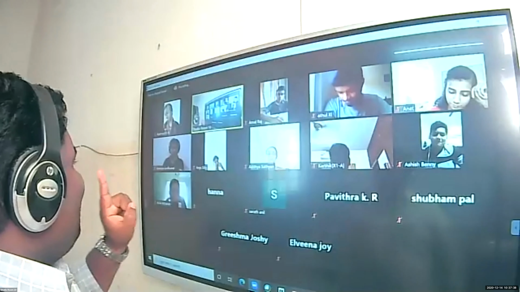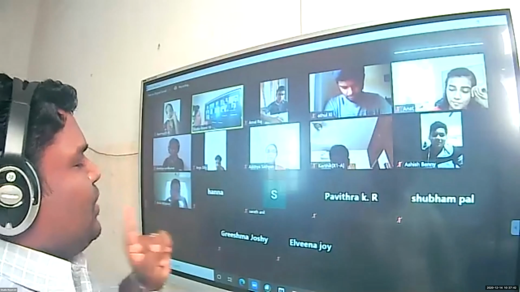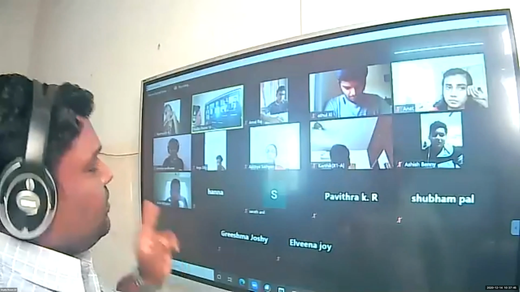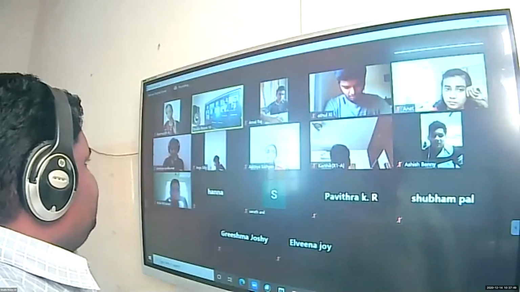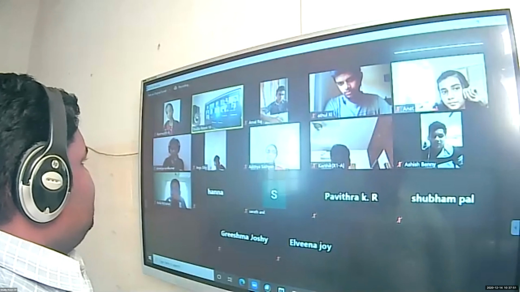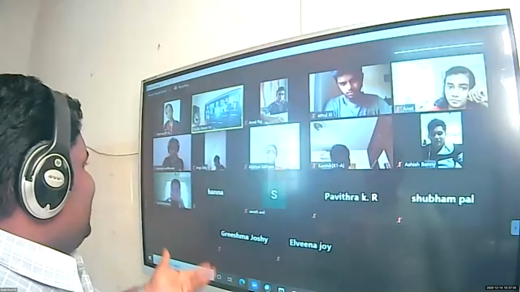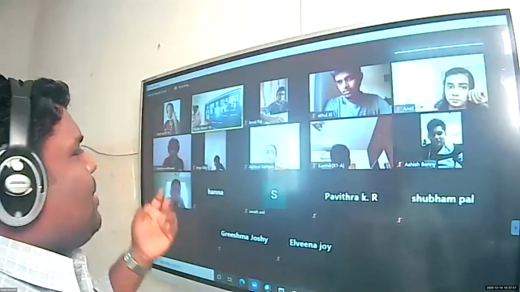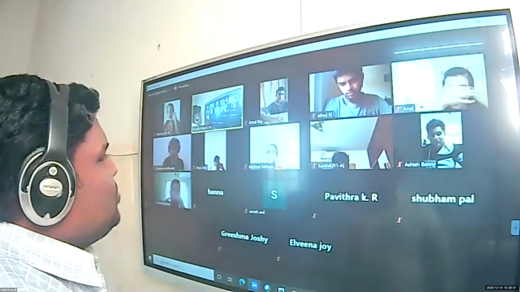The production cost, including the transportation cost, excluding the advertisement cost, is 200. Clear? I am not telling about the MRP. The MRP is not fixed here; we are going to fix the MRP. And the advertisement cost, the company paid 20 crore rupees. Clear or not? And what will be the price of the one bottle of Boost?